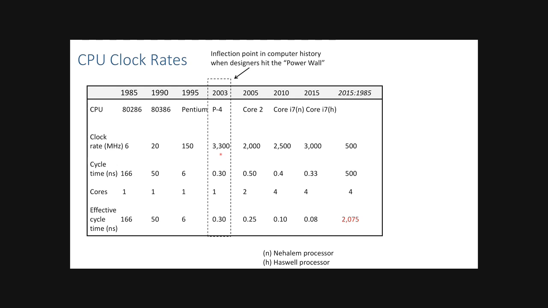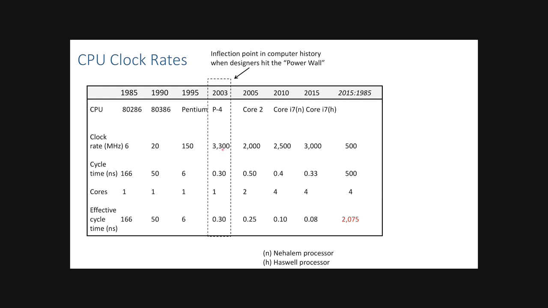And even at this 3300 number, this Pentium 4 processor needed a massive heat sink to try to dissipate the heat that was being created by running this fast. And so this time period is typically called the power wall.